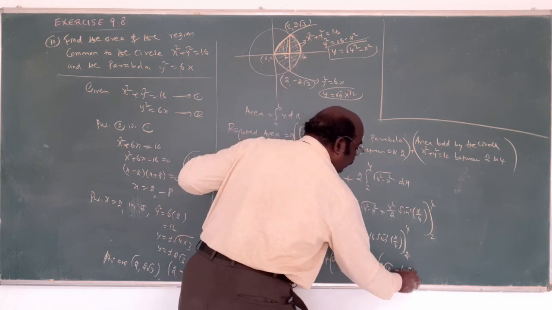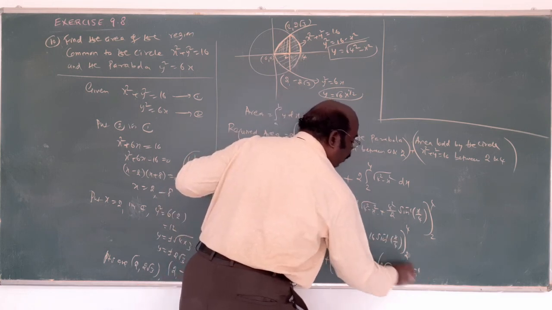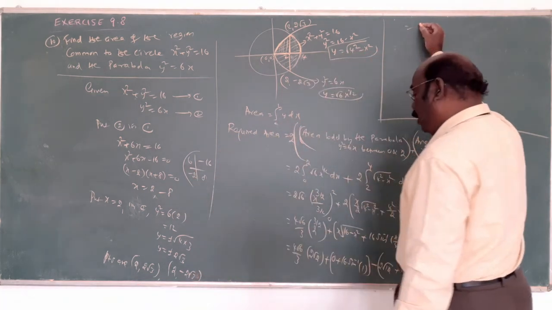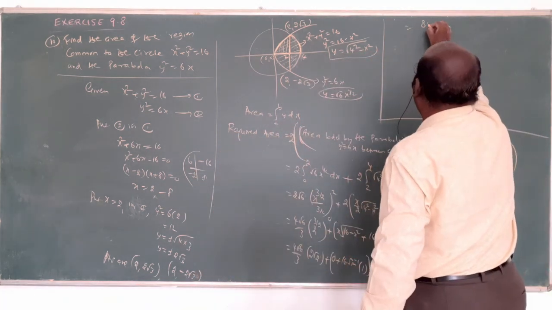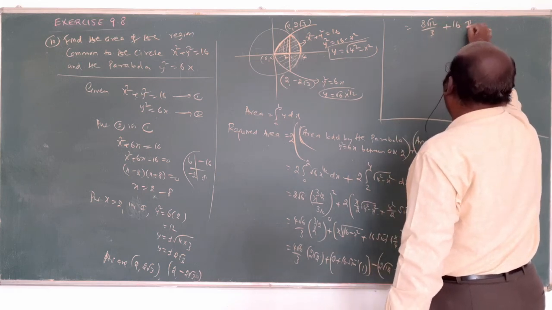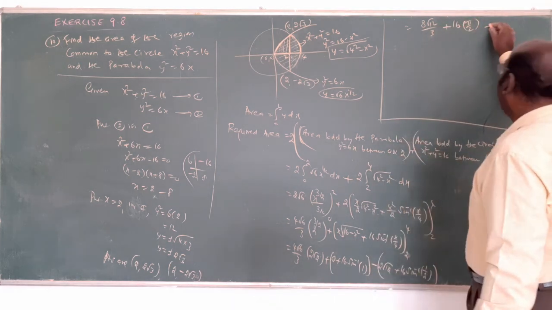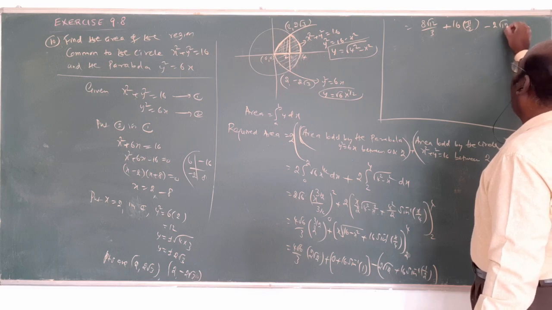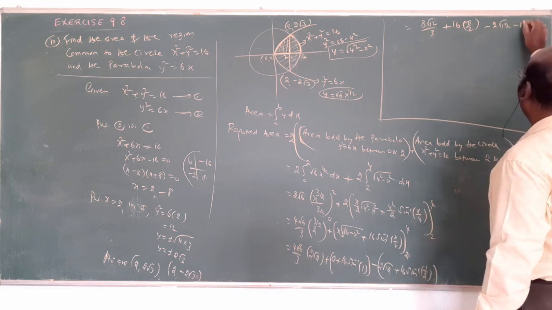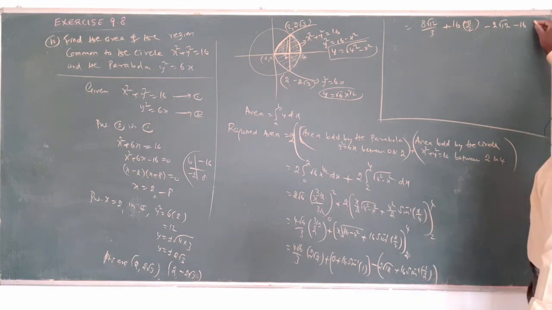Plus 16 into sin inverse of x is 2 by 4, 1 by 2. Now simplify. Equal to 8 root 12 by 3, plus 16 into pi by 2, minus 2 into root 12, okay? Minus 16 into 1 by 2 means sin pi by 6.